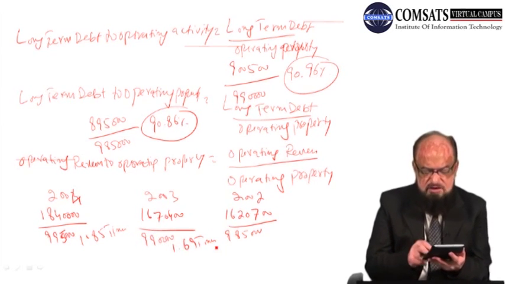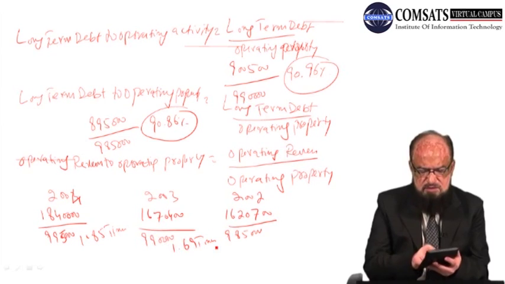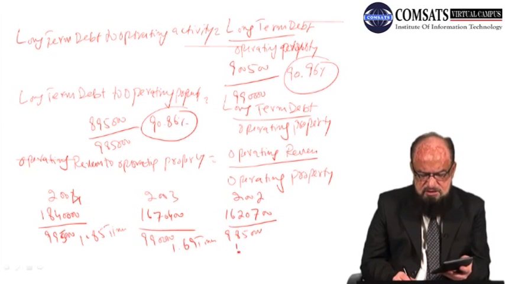Then we calculate for year 2002: 16,20,700 divided by 985,000 is 1.65 times.